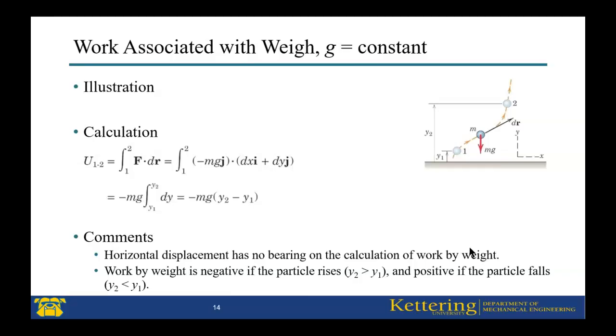I put F equal to minus mg in the j direction, and dr is dx i plus dy j. This is not motion along one direction. It's motion along two directions, along x and y. If you do the dot product, j dot i will be 0, j dot j will be 1, giving mg dy, and finally, you can find that the work done by weight is minus mg times y2 minus y1.